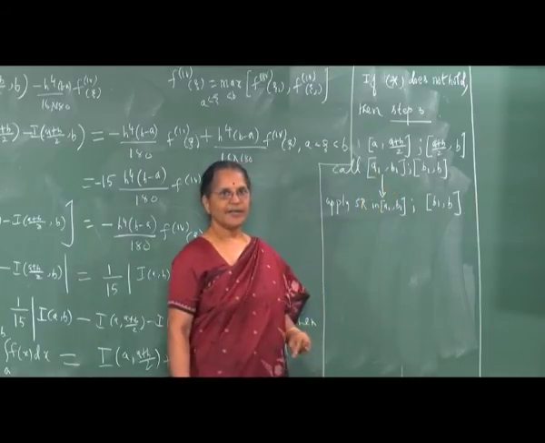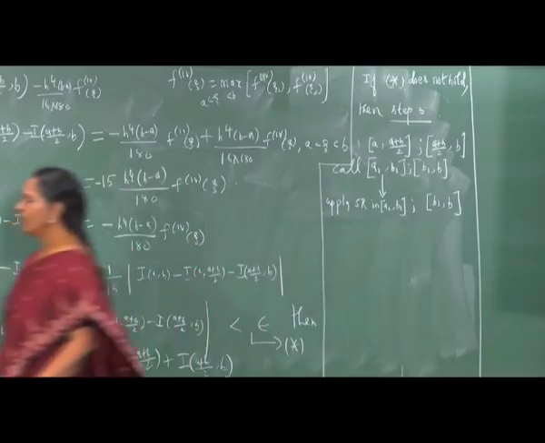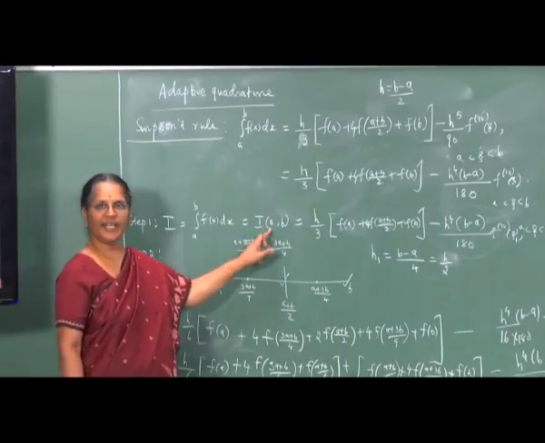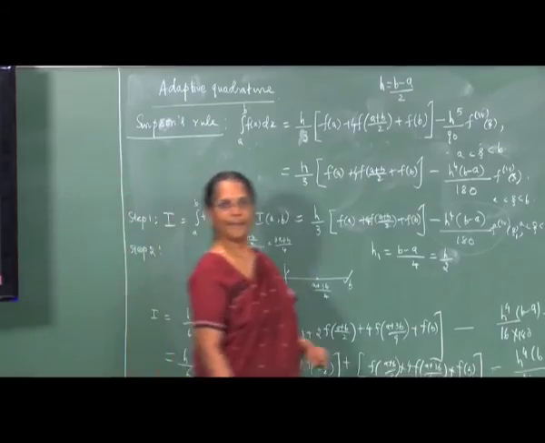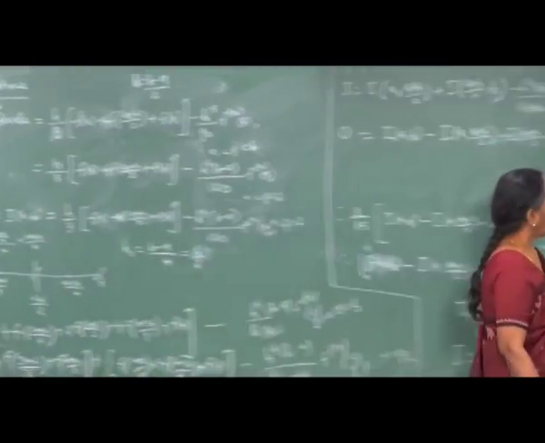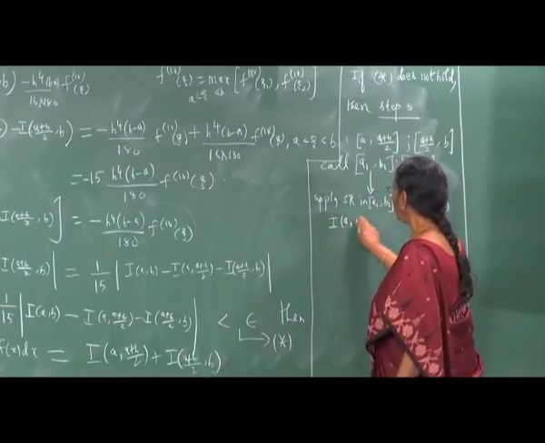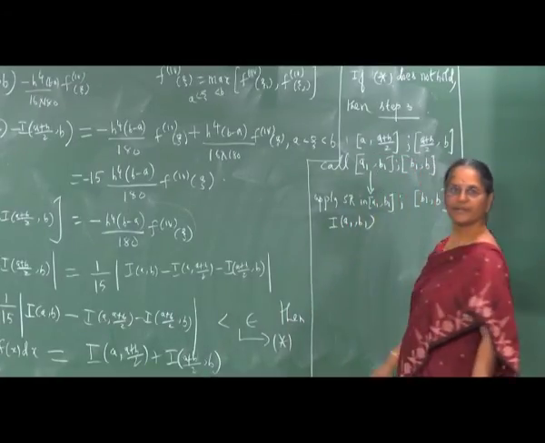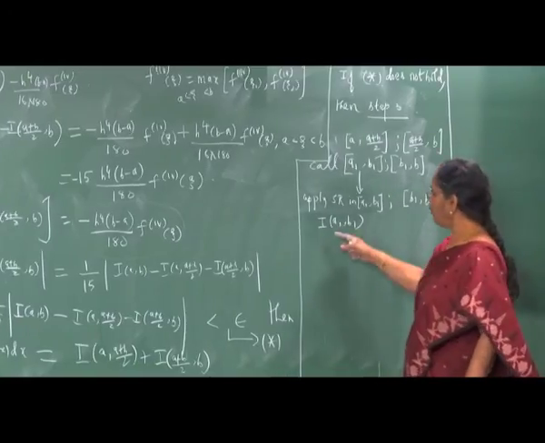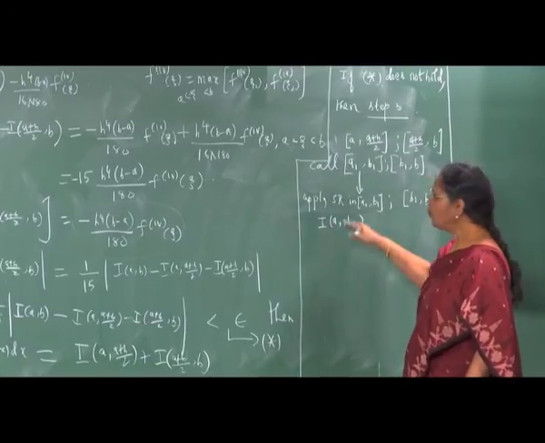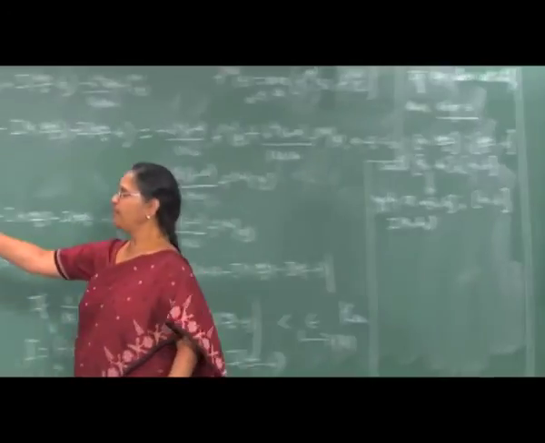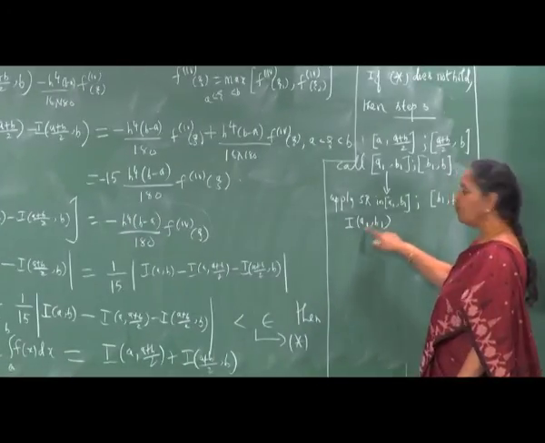Then what are you doing? You are essentially doing something like step 1 in an interval a b. And then if you do that, then you will have I of a1 b1. And then what should you do? You should perform step 2 in the interval a1 b1.